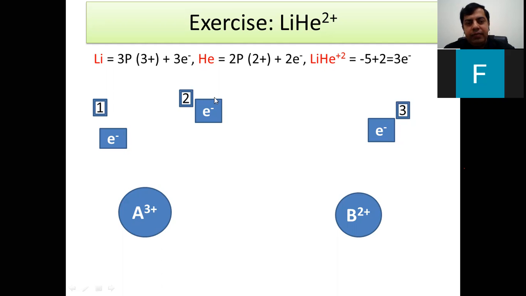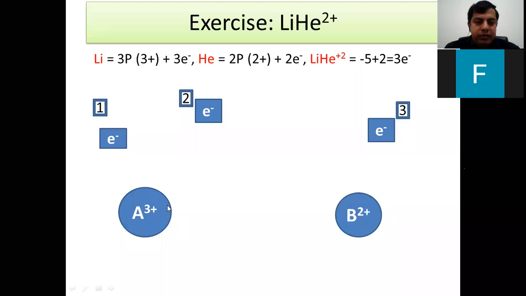So that's why I have labeled all 3 electrons with 1, 2, 3, and the nuclei with A and B. Similarly, if there are 3 atoms, you can label them A, B, and C. And if there are more electrons, you can also label them 1, 2, 3, 4. There should not be any confusion in writing or calculating the nucleus and the electrons.